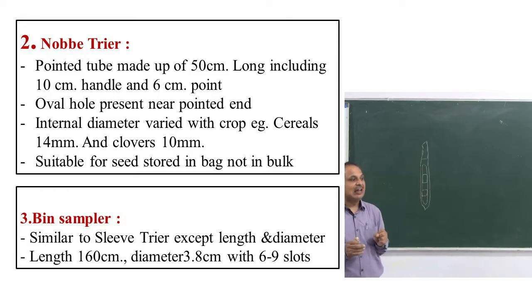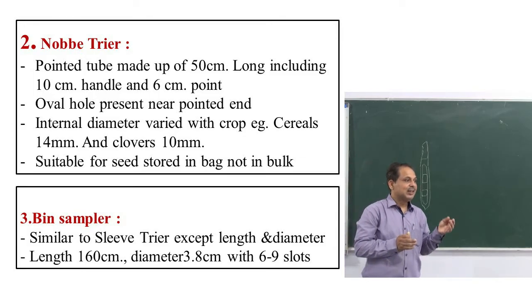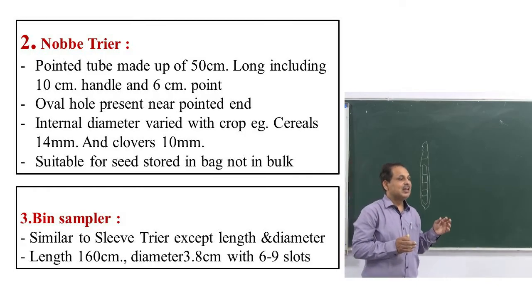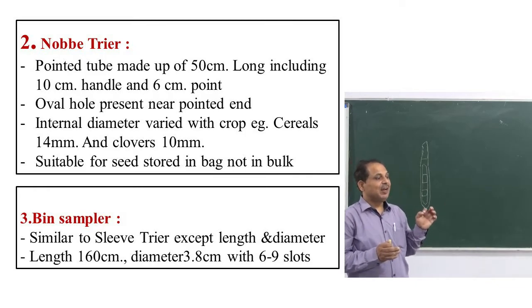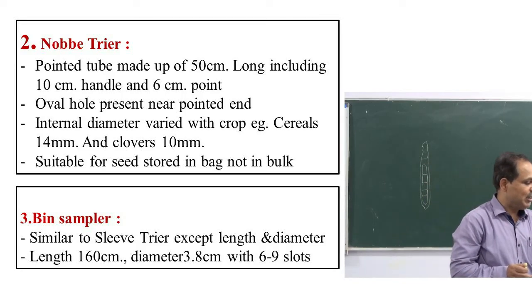Similar to the sleeve trier, except with respect to length and diameter, the bin trier is similar to that. In this case, the length of the bin sampler is 160 centimeters and the diameter 3.8 centimeters with 6 to 9 slots.